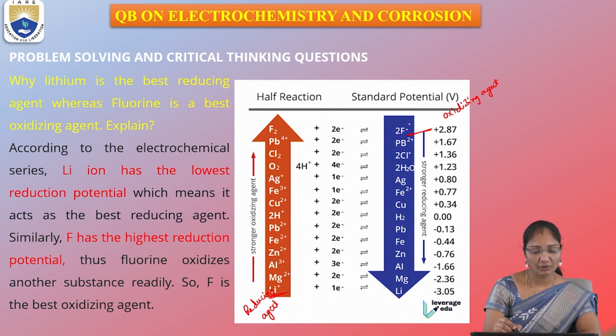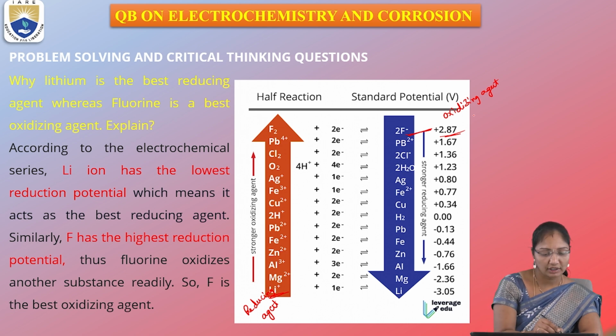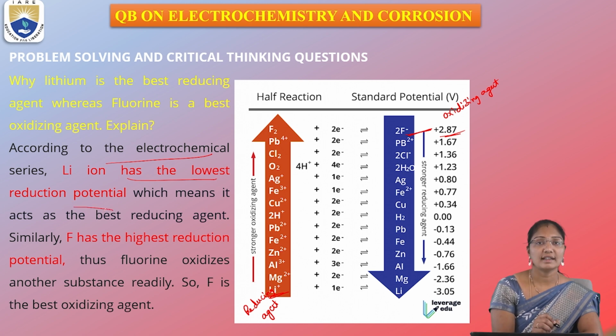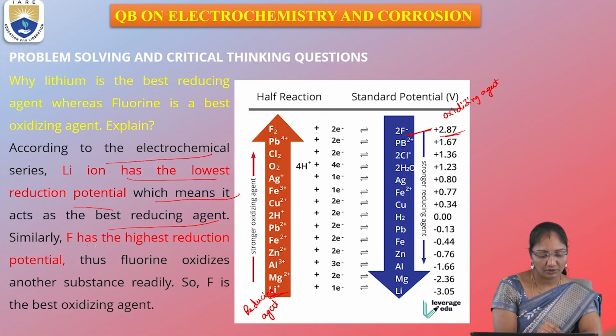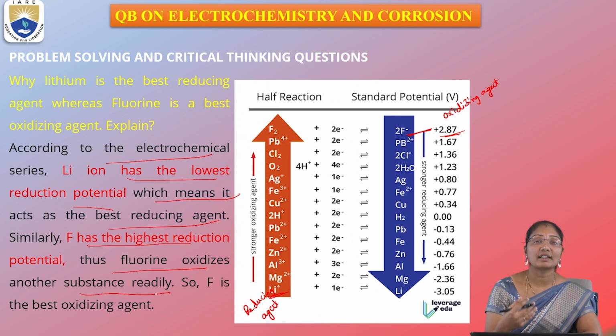So fluorine acts as a strong oxidizing agent. According to the electrochemical series, lithium has the lowest reduction potential in the series, which means it acts as the best reducing agent. Fluorine has the highest reduction potential, thus it oxidizes other substances very readily and easily. So it acts as the best oxidizing agent.